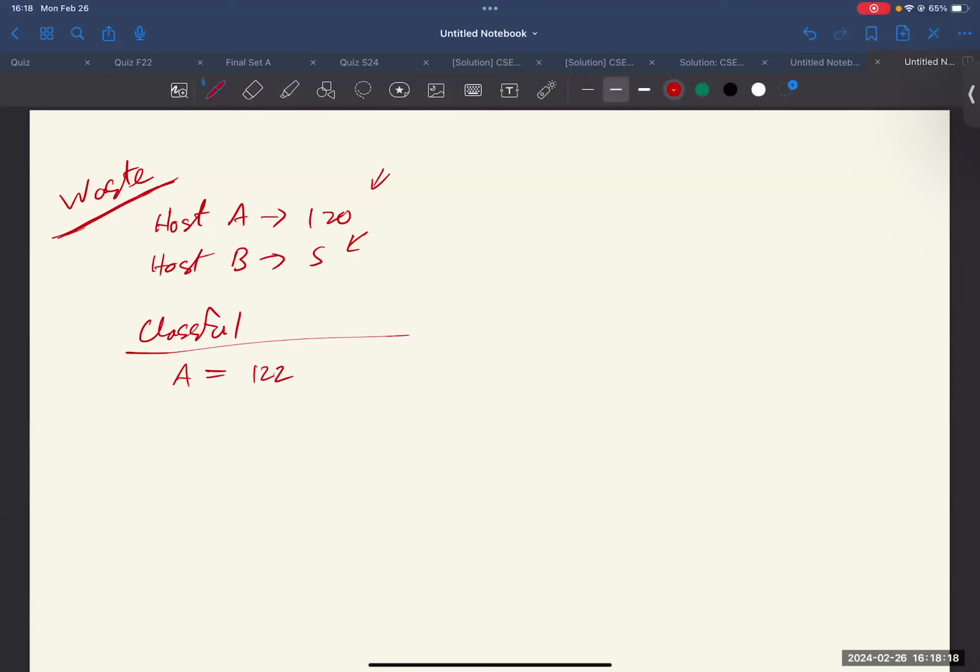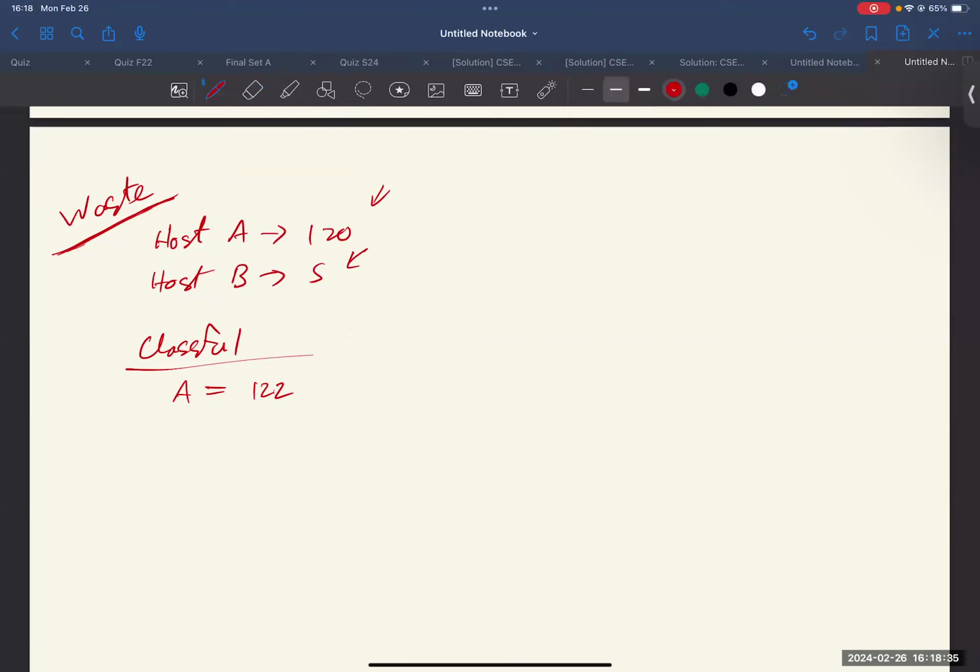That's the total number of IP addresses I require to make a new network for host A. Is that clear why it's 122? All right. So for 122, how many addresses do I need to give in classful IP addressing? 128. There are 3 classes.